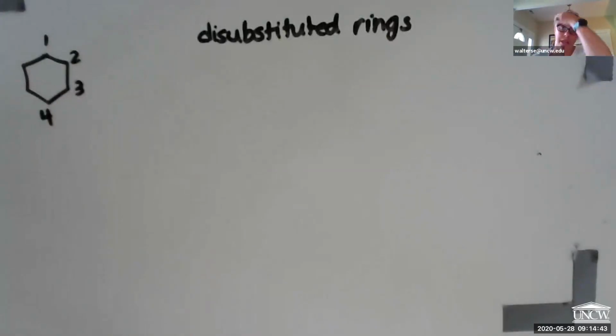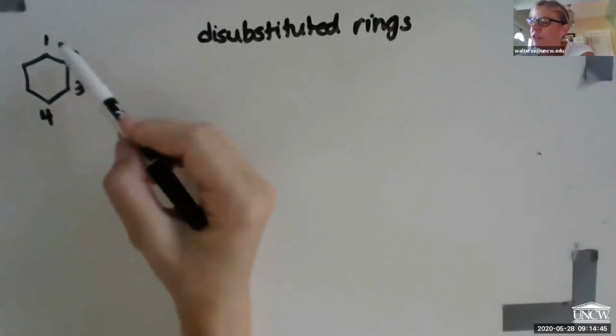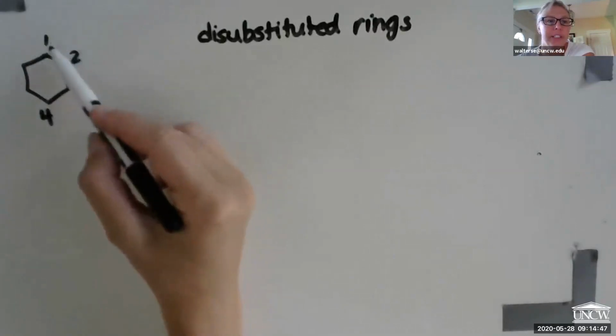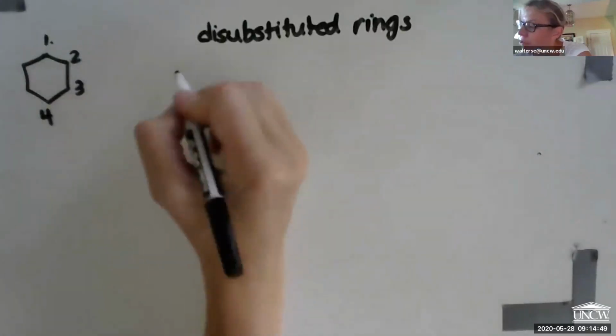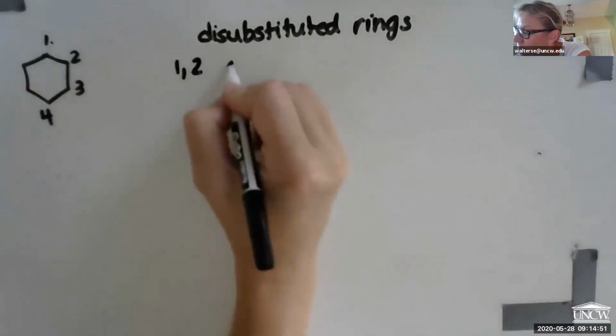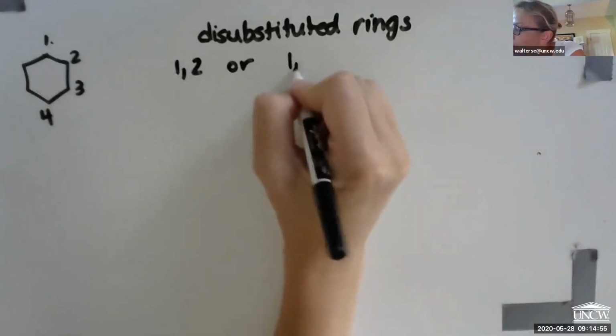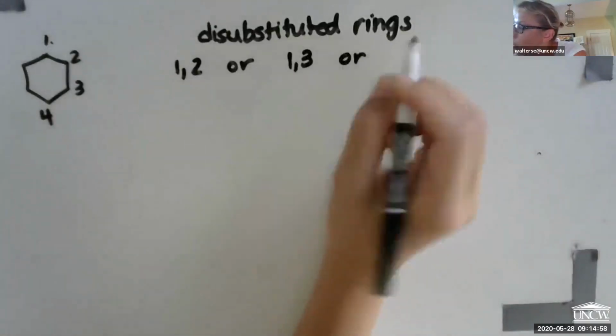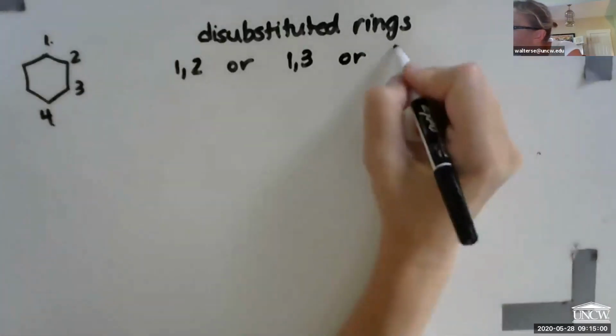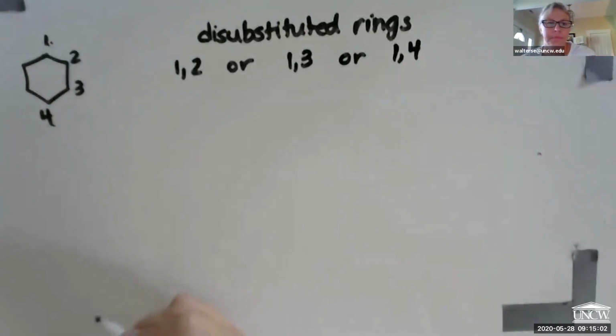So you can have two different substituents. You can have substituents on 1 and 2, or 1 and 3, or 1 and 4.